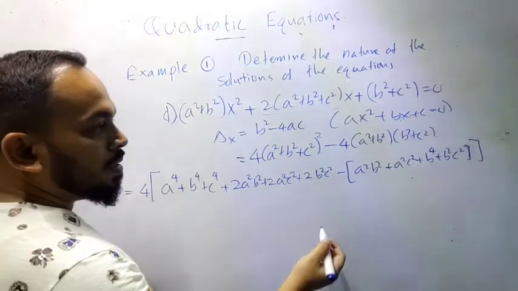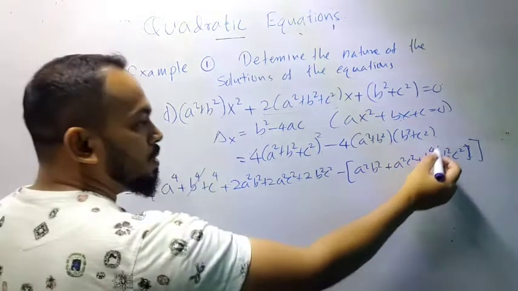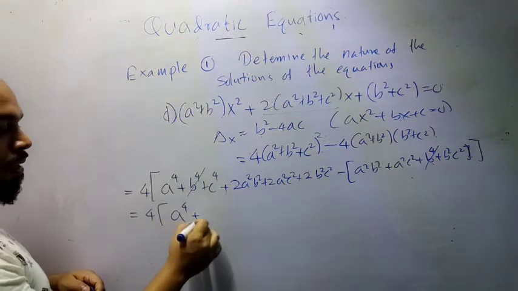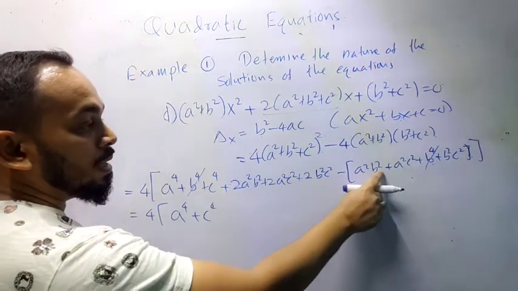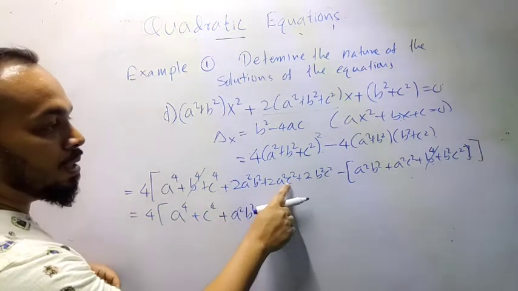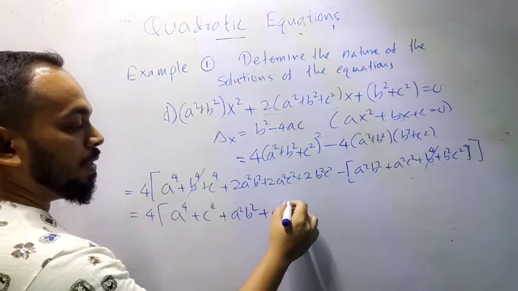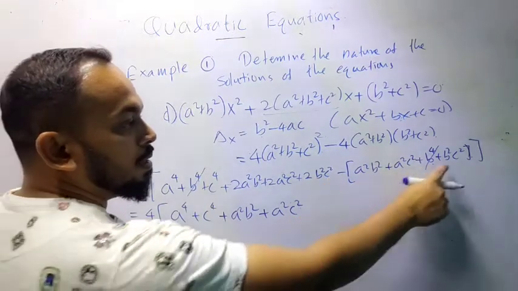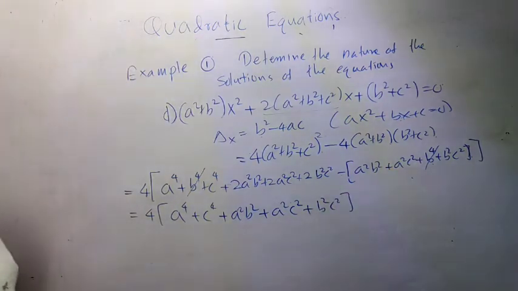So what we have here: minus b to the fourth is there, and b to the fourth is here positive, so these two cancel out. 4 times what is left: a to the fourth plus c to the fourth is there; we have 2a squared b squared minus a squared b squared, so a squared b squared is left. Then 2a squared c squared minus a squared c squared, we are left with a squared c squared. Then 2 times b squared c squared minus b squared c squared, so b squared c squared is left. Now what do you think?